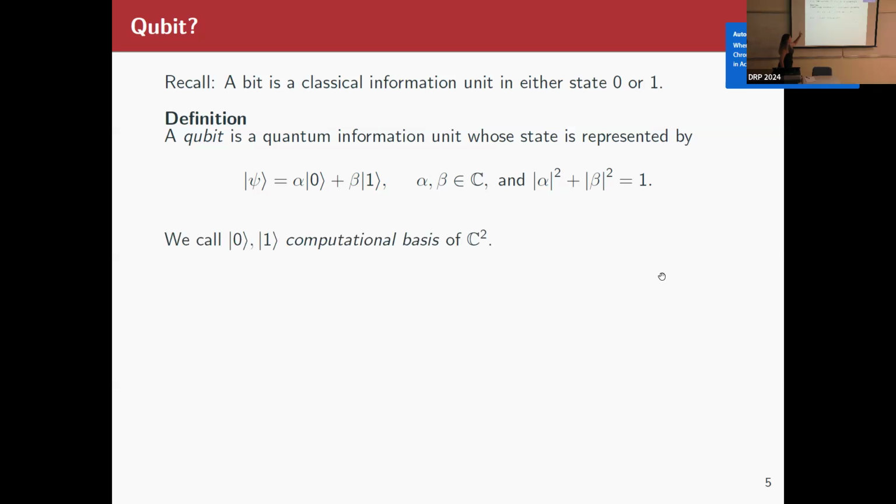We call the states 0 and 1 the computational basis of the complex space, or two-dimensional system. If both alpha and beta are not equal to 0, we say that the qubit is in a superposition.